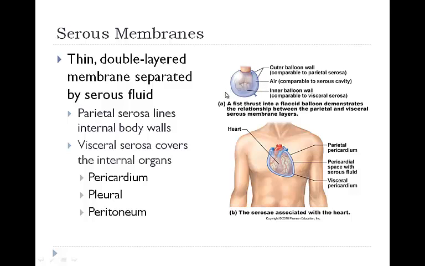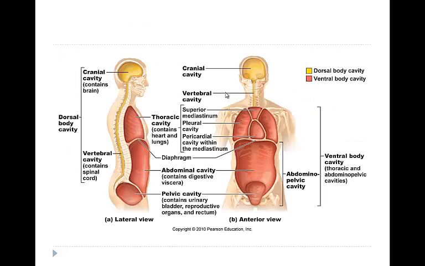So for example, in the lungs, we call these pleura. Around the heart is called pericardium. So when we have our parietal pleura, I'm going back a couple slides here. When we have our parietal pleura, it's going to be outlining this cavity. The visceral pleura will be on the surface of the lung. Visceral is organ.